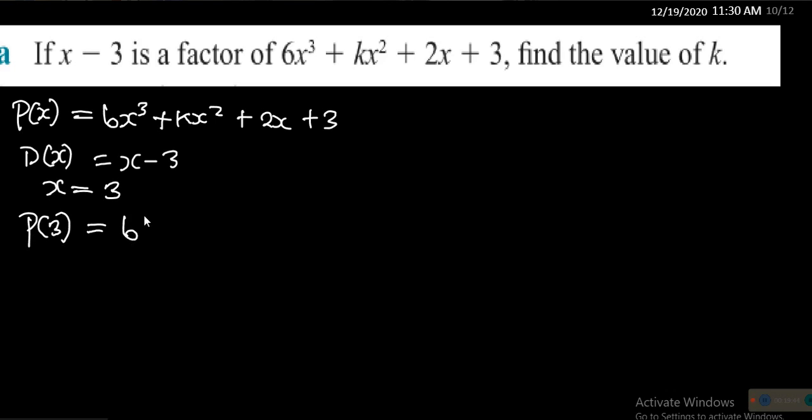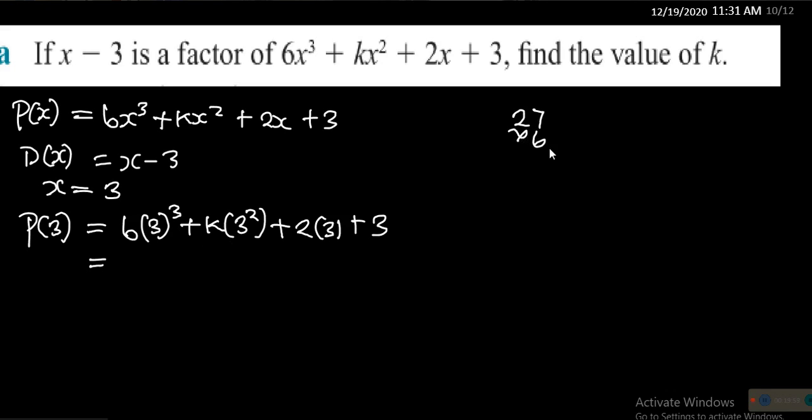P of 3 equals 6 times 3 raised to power 3 plus k times 3 raised to power 2 plus 2 times 3 plus 3. And 3 raised to power 3 is 27. 27 times 6 is 162.